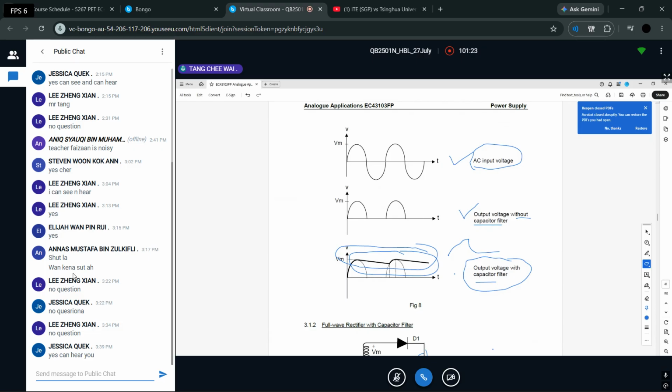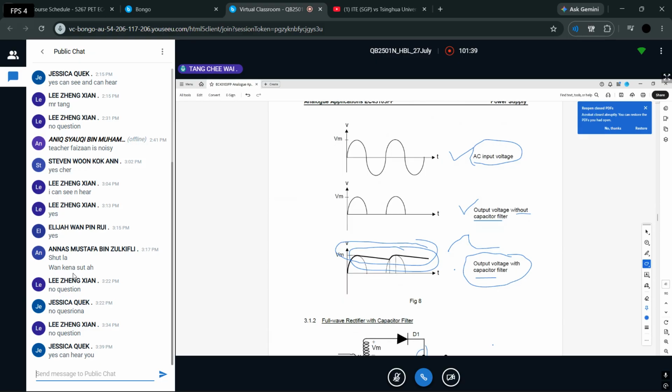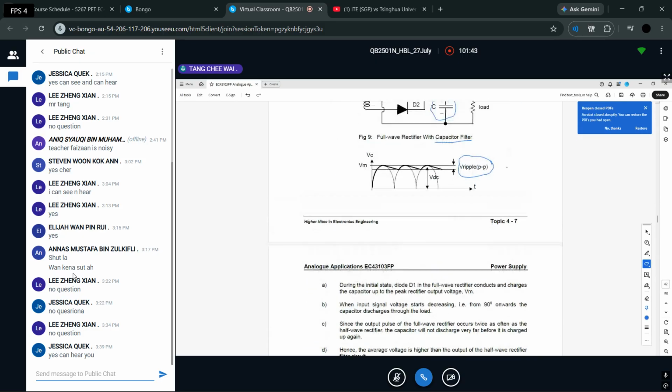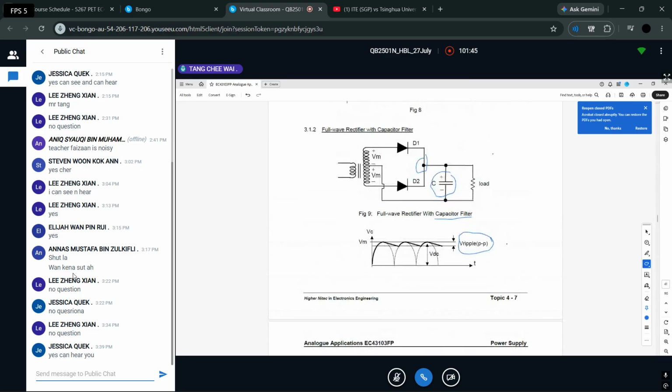The rectification is only one half, so the negative half is missing. So this is what you get at the output for half wave. In other words, the ripple voltage is much higher. So the full wave is better, of course. The ripple is much smaller. That's what you mean here.